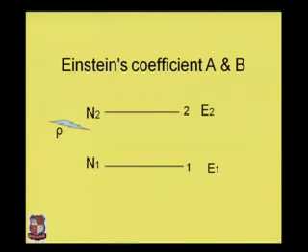Now Einstein laid down the theory for stimulated emission. He said that whenever an external photon interacts with the atom, the photon is absorbed by the atom, and the electron can go from the ground state to the excited state.